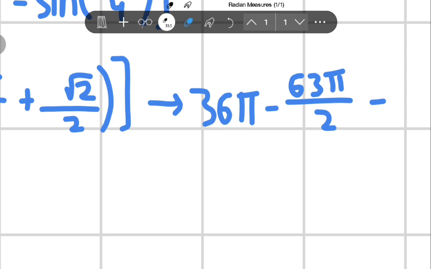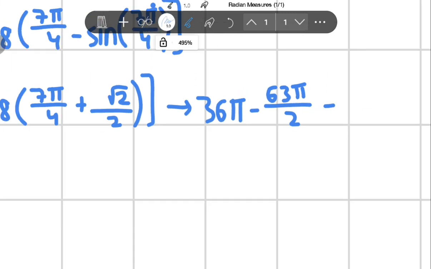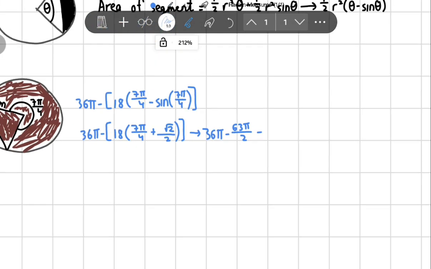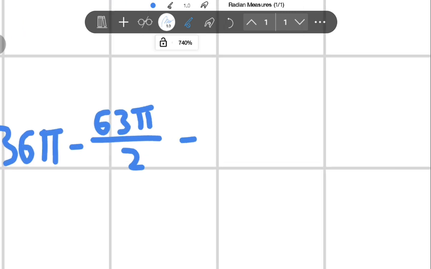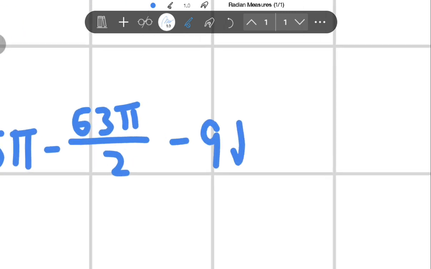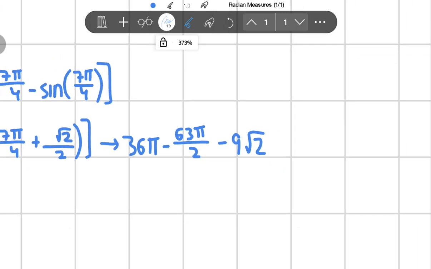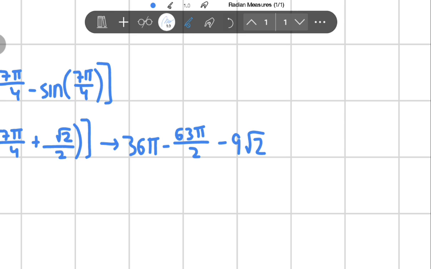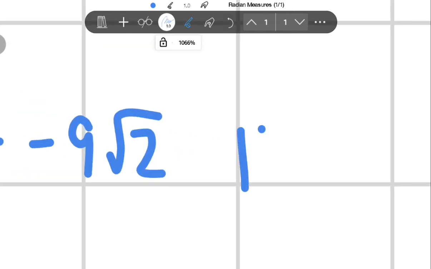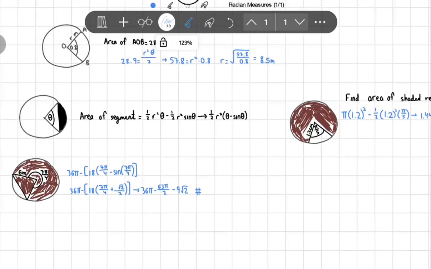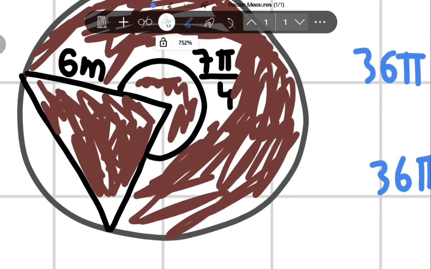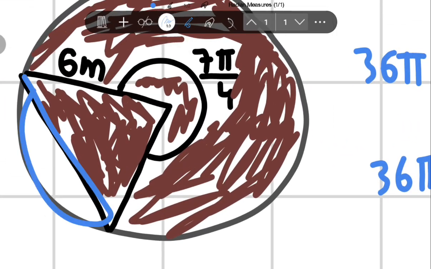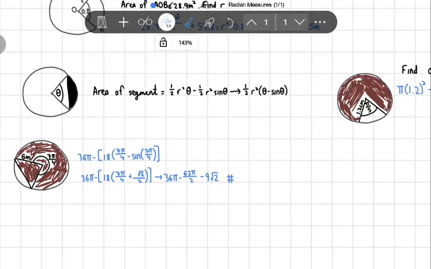It's supposed to be just root 2 over 2. So that times 18 will just be 9 root 2. We'll probably take pi out together, but we have everything in terms of pi minus 9 root 2, so it doesn't matter. We can just leave it as this. So the area of this shaded region, or the circle minus this segment, will be along this value.